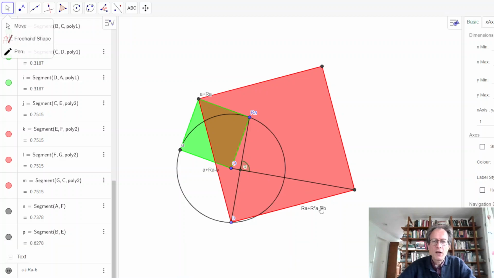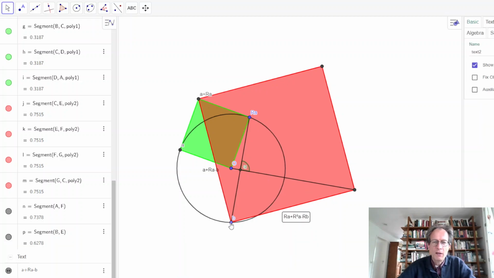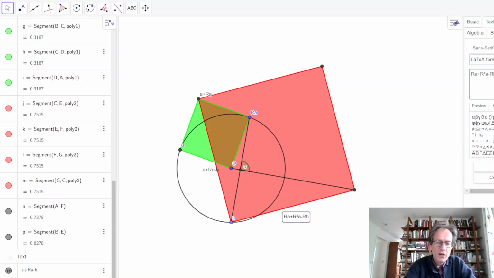That's the other side of the large square from there to there. I'm going to simplify that a bit, because I know that two rotations over 90 degrees is a rotation over 180 degrees, which is minus the identity. So that middle term is RA minus A minus RB, by using the fact that R squared is minus 1.